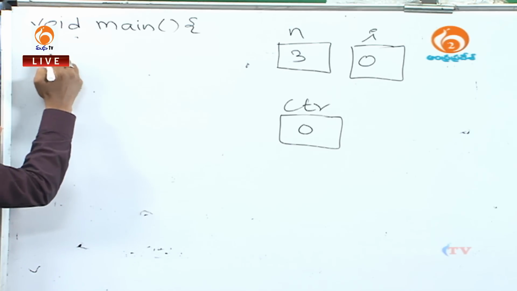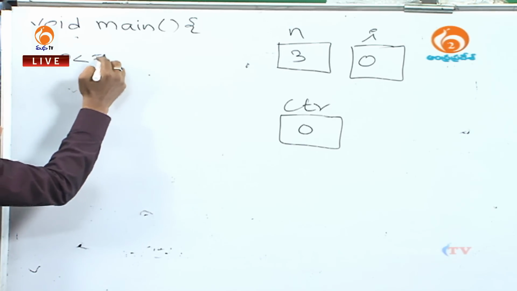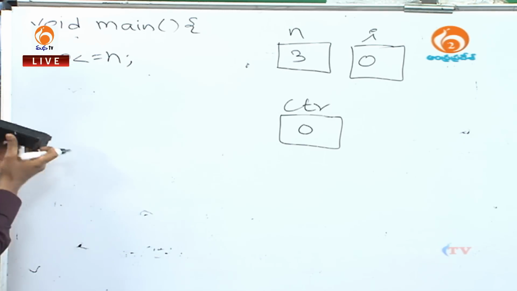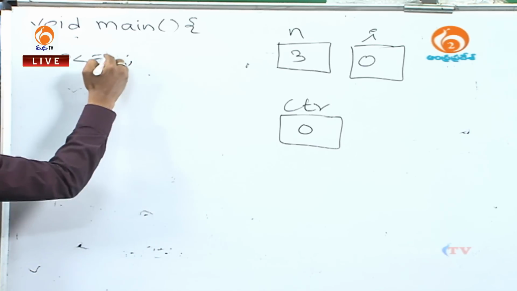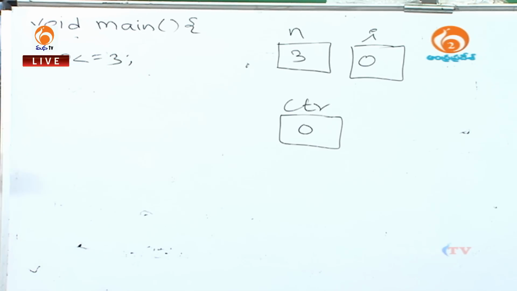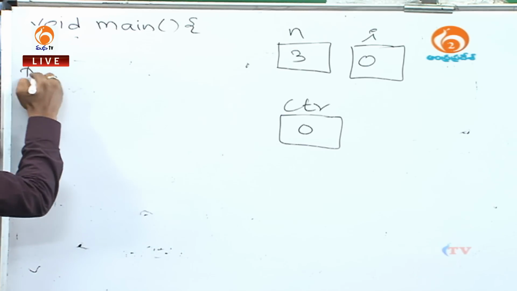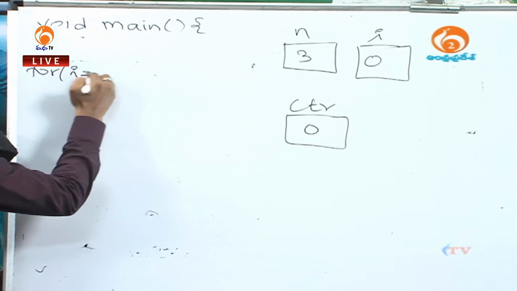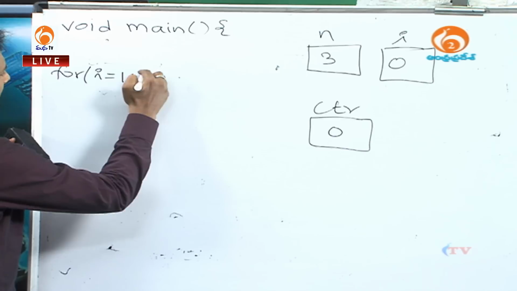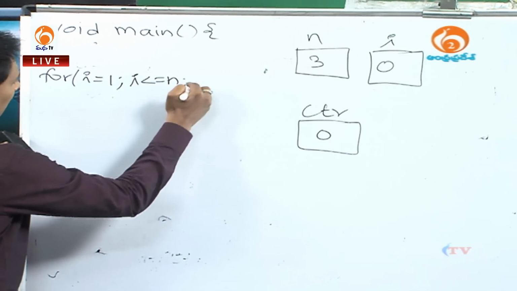Next, coming to the loop, I am talking about the for loop: for i equal to 1, i less than or equal to n, which here is 3, i plus plus.